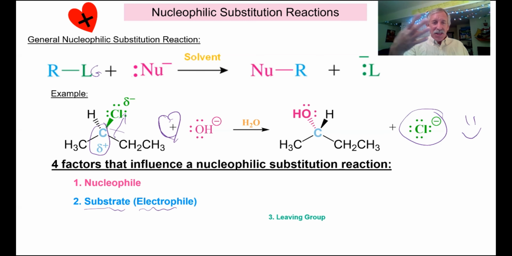What's the 4th thing? Well, there's got to be a scene where all this soap opera action is taking place. A room, a hotel, somewhere, a house. So the house, the room, all has to be in some solvent. So it all has to be swimming in some container and swimming around with a bunch of solvent molecules. And you'll always recognize the solvent for a reaction because it's written above or below the arrow in the reaction, okay?